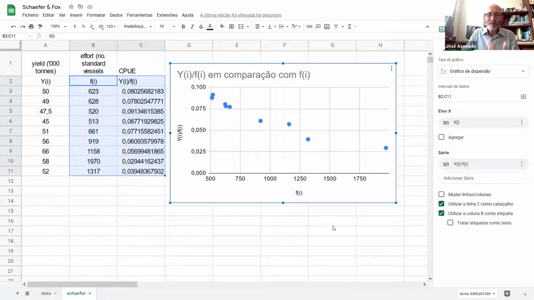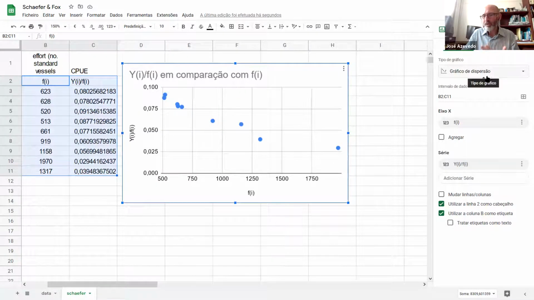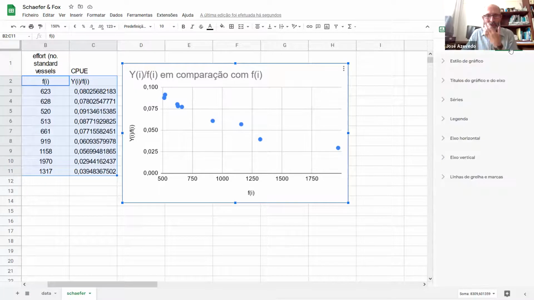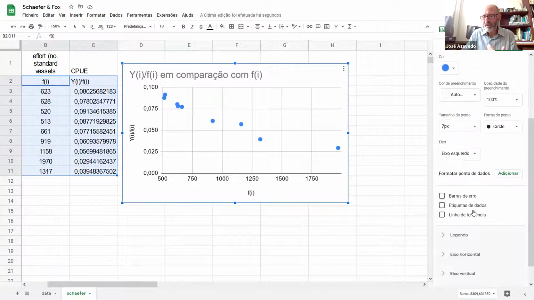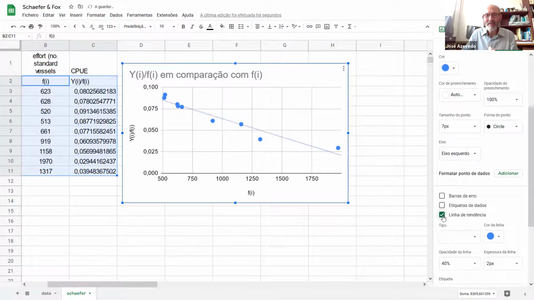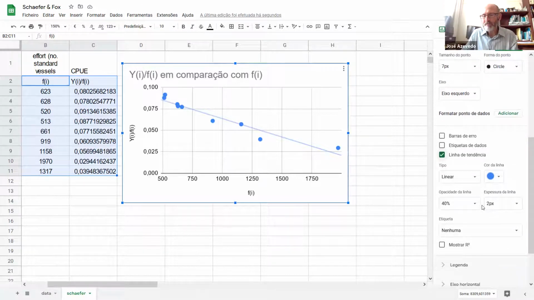Now, the model adjustment can be done mathematically, but there is also a way of doing it directly in these spreadsheets. You just add a trend line, and in this case, a linear relationship, if you're using Excel or anything else.